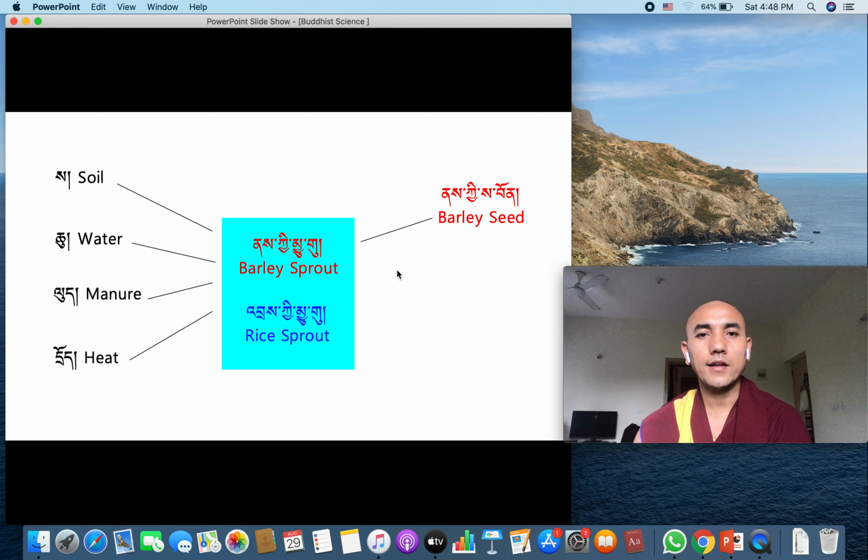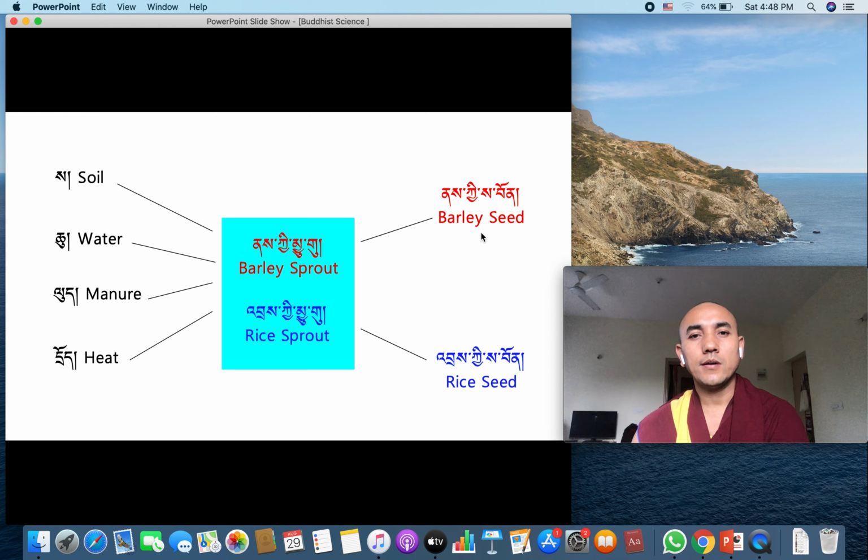And if you look at the barley seed and rice seed, the barley seed is only the cause of the barley sprout, and the rice seed is only the cause of the rice sprout.